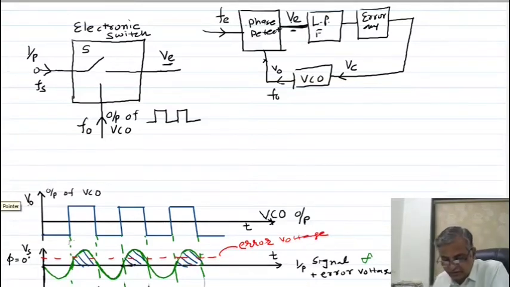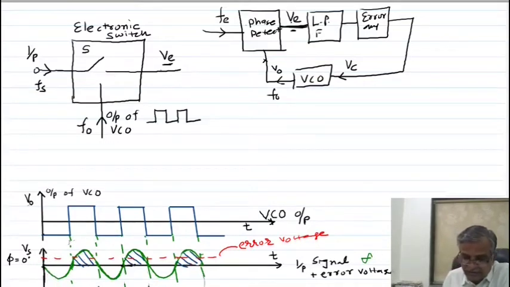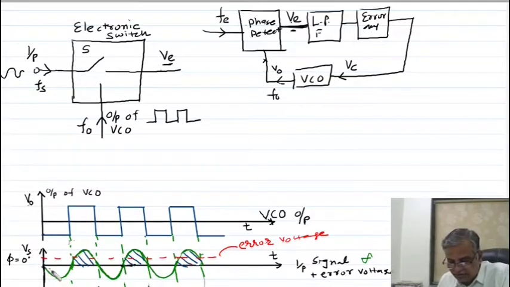Listen again: during the positive half of the waveform coming from the VCO, the switch is closed. The phase difference between FS and FO is 0.